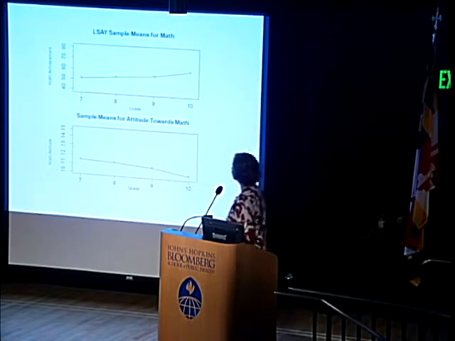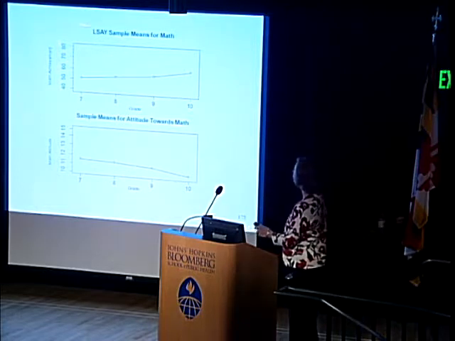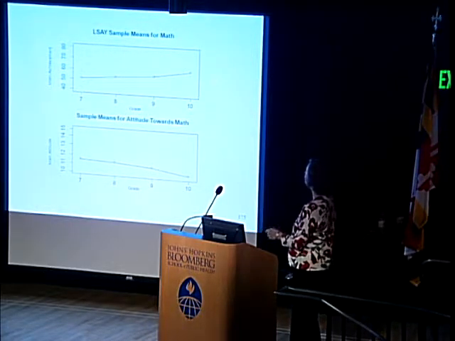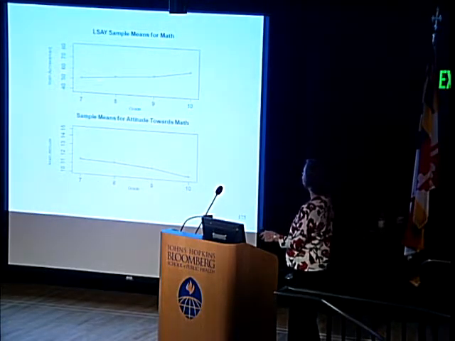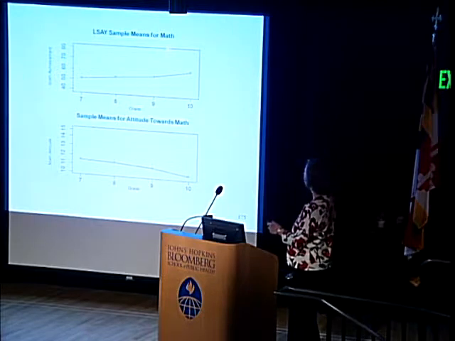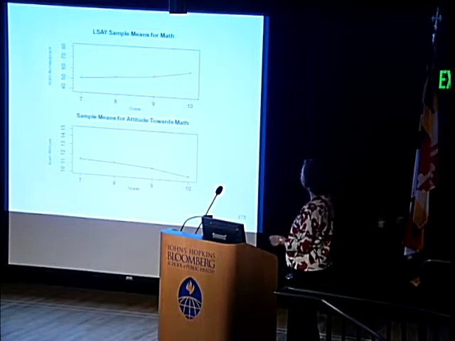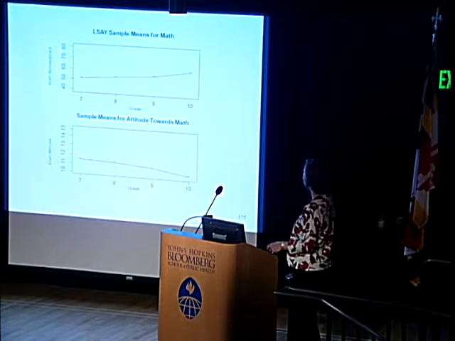All right, so you're familiar with the picture at the top. We've been looking at that a lot today: the mean growth curve for grades 7, 8, 9, and 10 on math. But now let's take a look at the sample means for the attitude toward math. We see that from grades 7 through 10, the math attitude goes down.